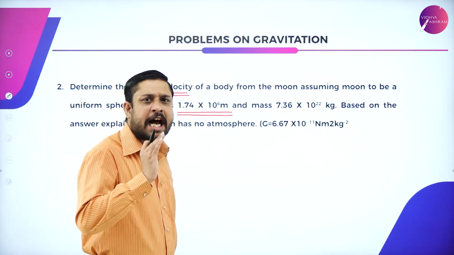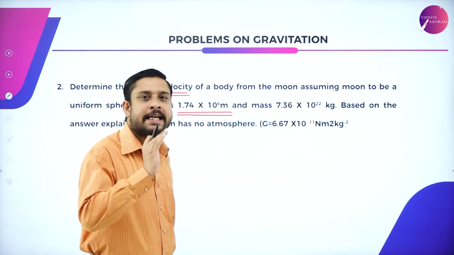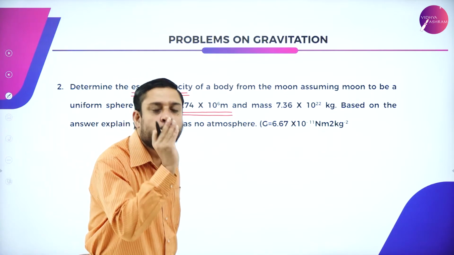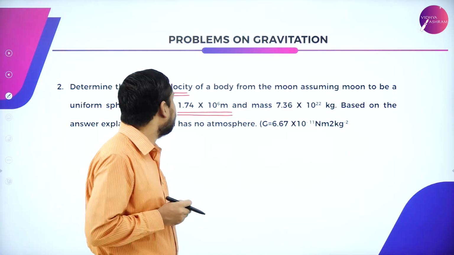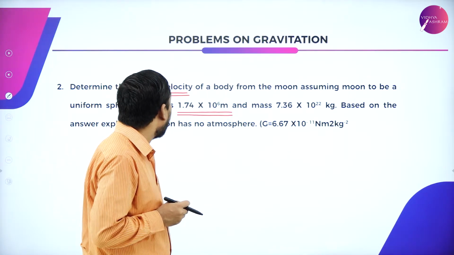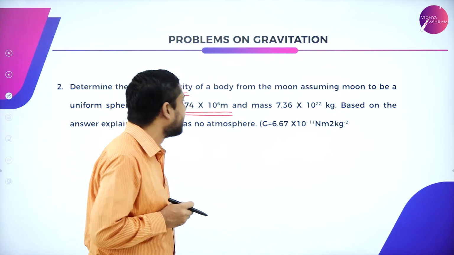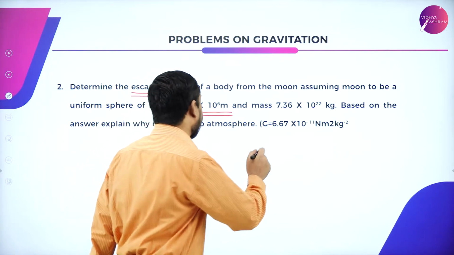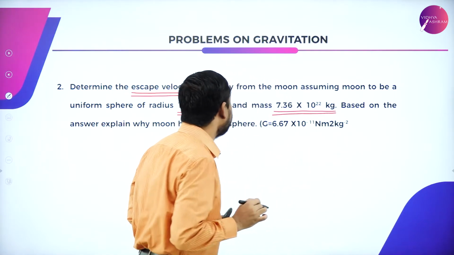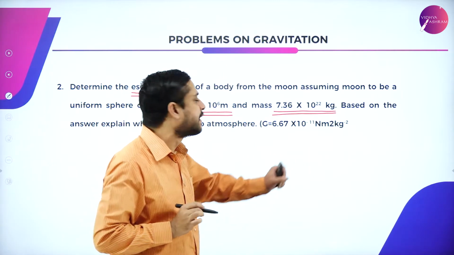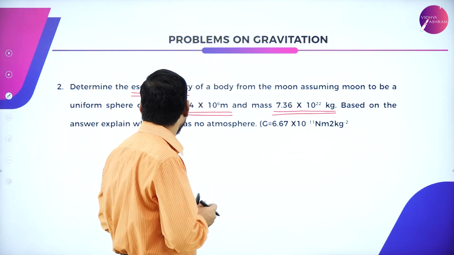So we are assuming that moon is a uniform sphere whose radius is 1.74 into 10 power 6 meter, and the mass is 7.36 into 10 power 22 kg.